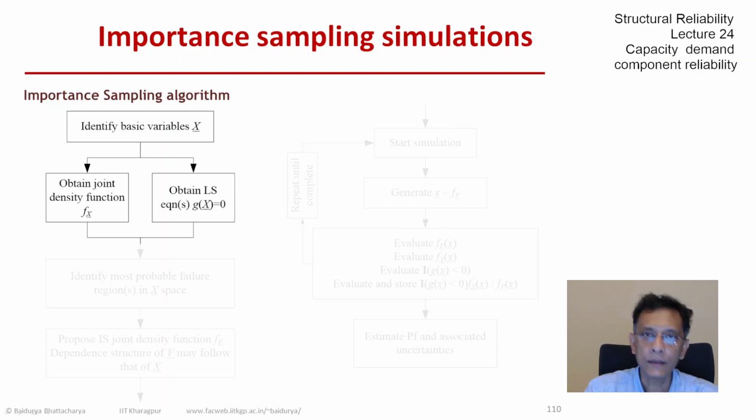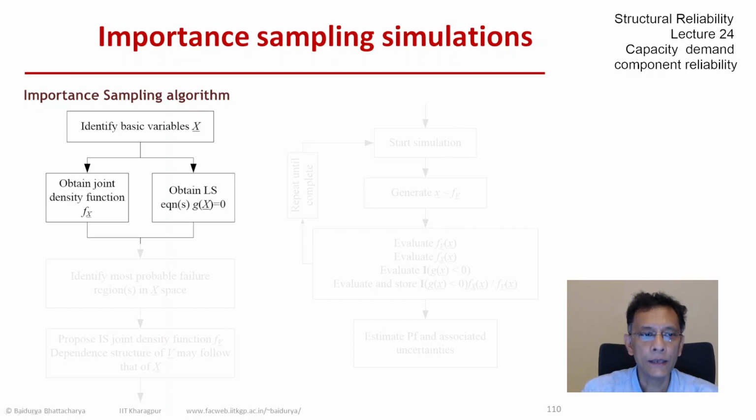When we say equations in the plural, we mean there is a system level problem defined. This algorithm is going to work equally well for systems, but for now our focus is component reliability of the capacity demand type.